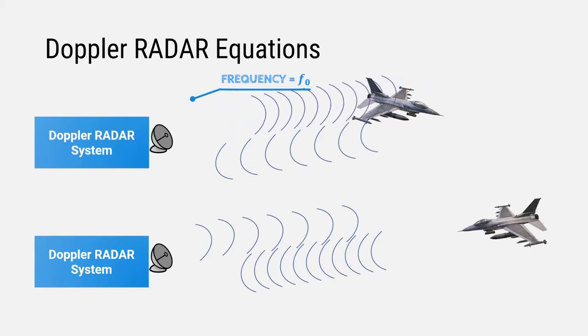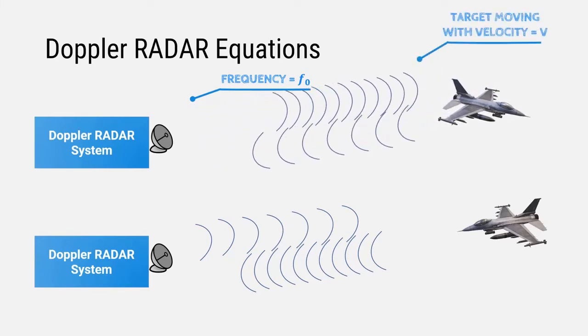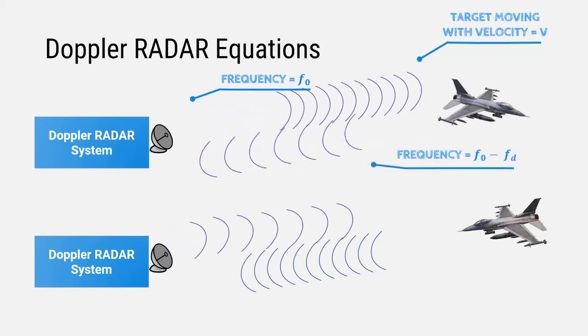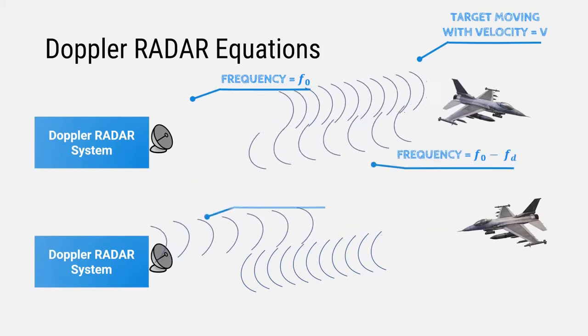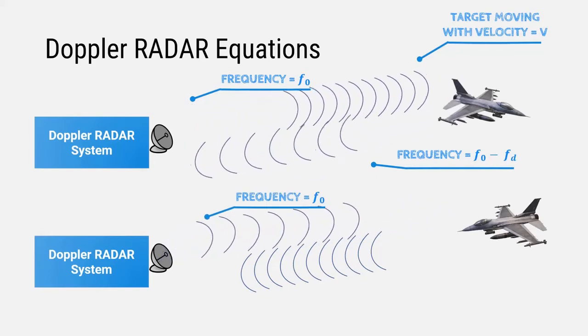As we already discussed, whenever we transmit a microwave with frequency f0, and if the target is moving away from the Doppler radar system, then the reflected frequency is going to be reduced by the Doppler frequency, which means the frequency of the received signal is going to be f0 minus fd.